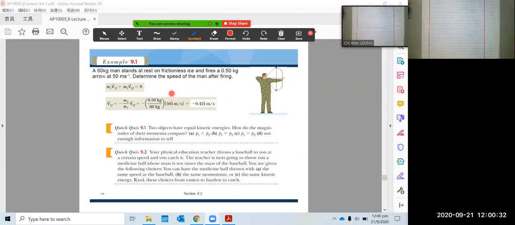And so we could apply the conservation of linear momentum. Initially at rest, so 0 linear momentum. Finally, it will be m1 v1 plus m2 v2. The arrow shoots to the front, from the left to the right at 50 meters per second.